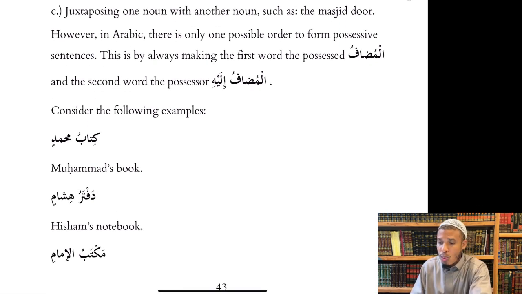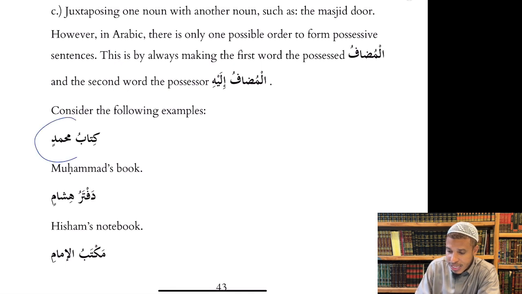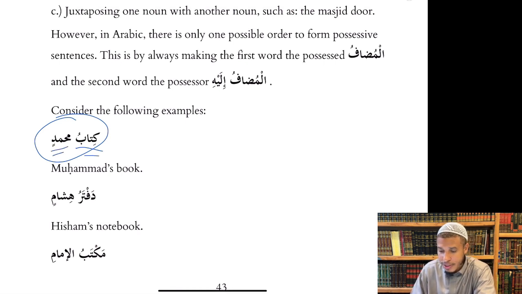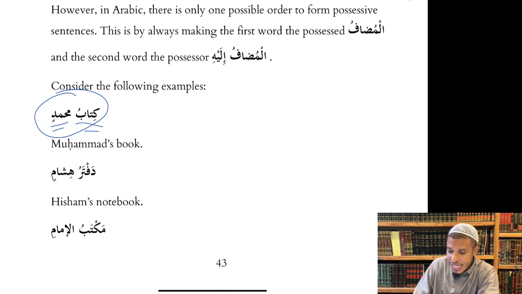Kitabu Muhammadin. So we have mudaf, mudaf ilay. What's being possessed? The book. Who's the possessor? Muhammad. Kitabu Muhammadin, Muhammad's book. Daftaru Hishamin, Hisham's notebook.